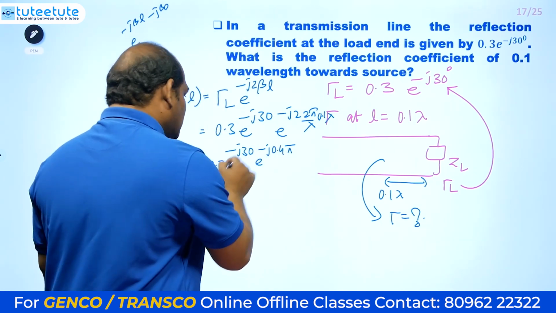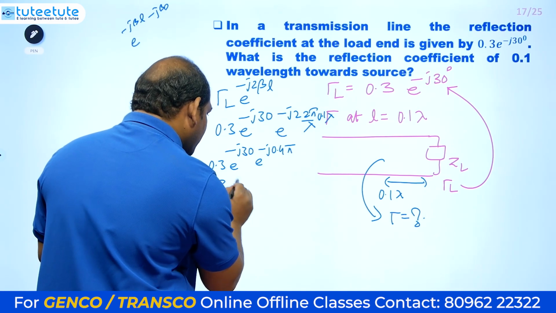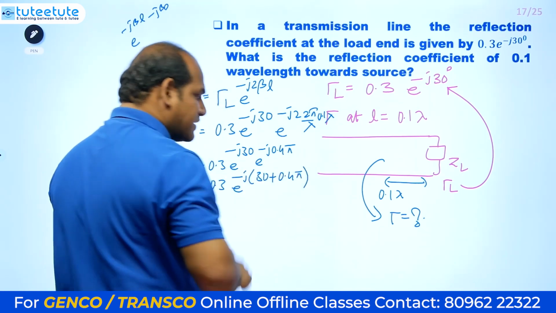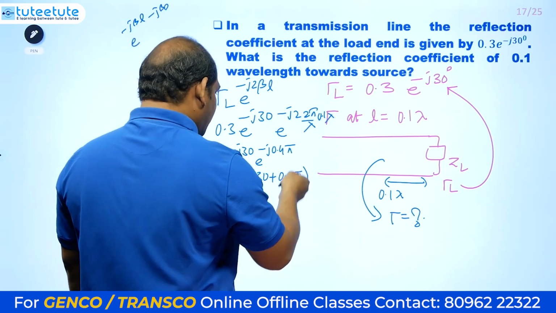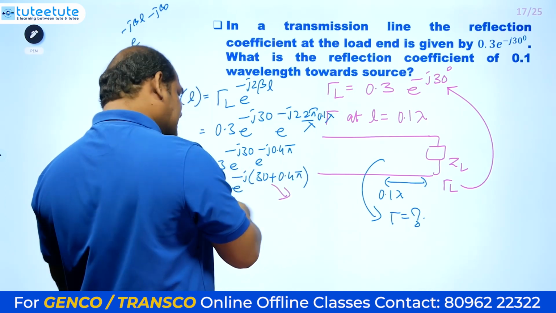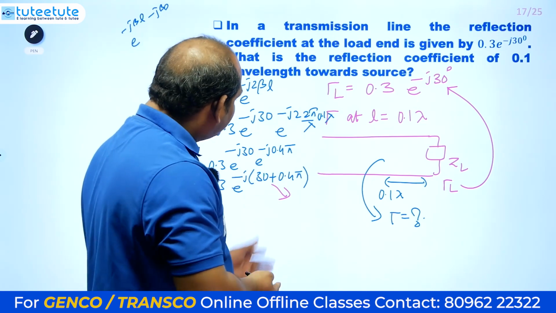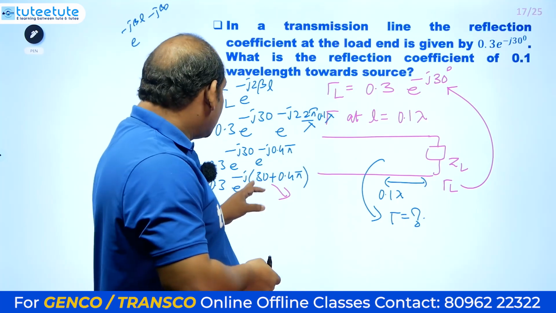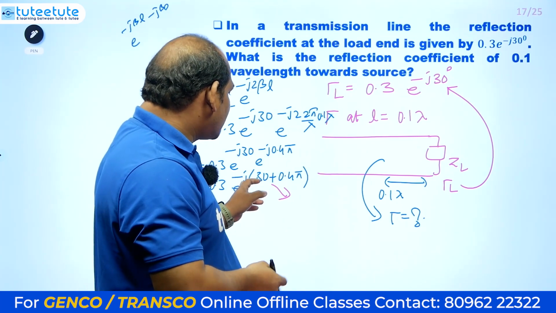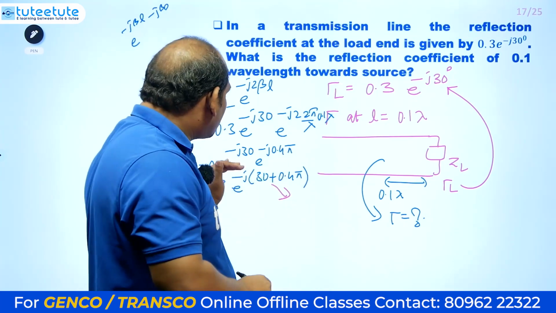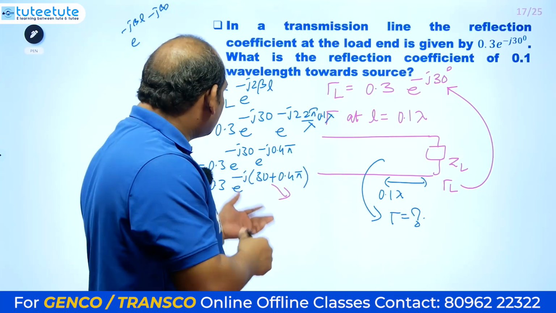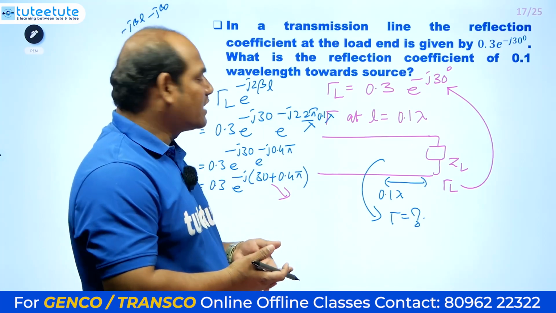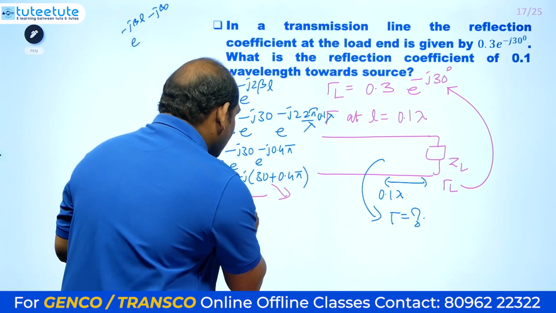So 0.3 into e power minus j30 plus 0.4 pi is the answer. You can write this pi in terms of degrees or radians. Here a negative value is there; by seeing the options, if it is e power minus j, that's it. Otherwise, by adding 360 degrees you can get the positive value. Like this you can represent the answer.